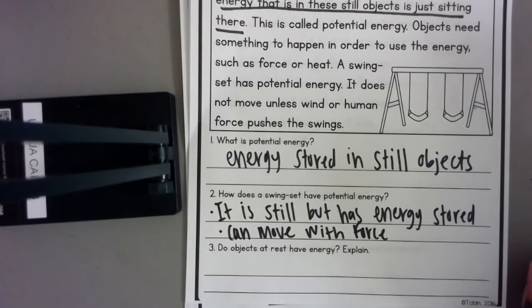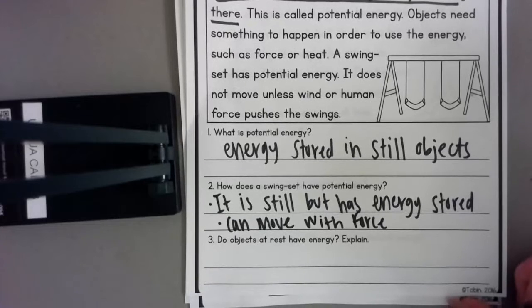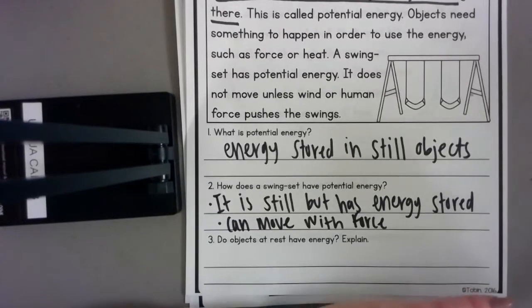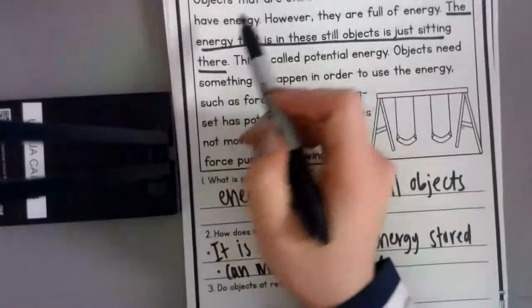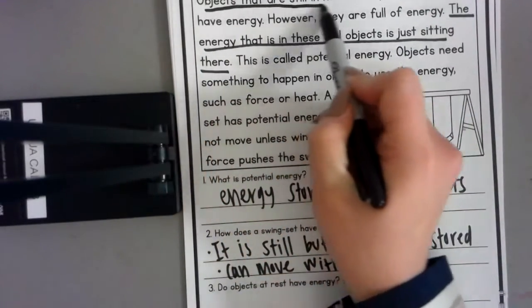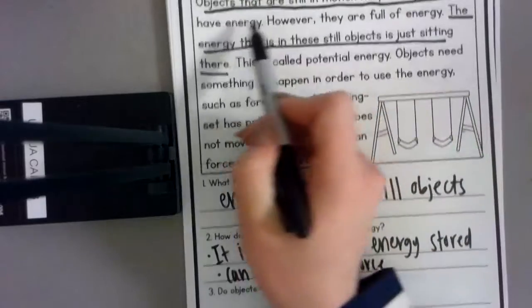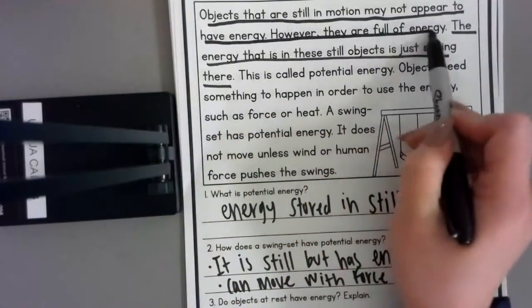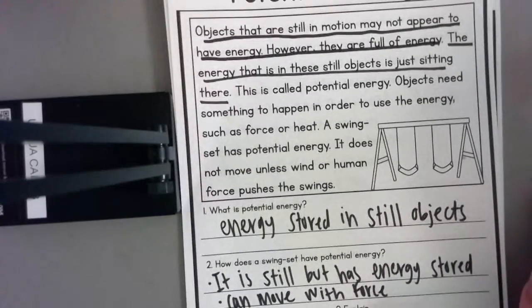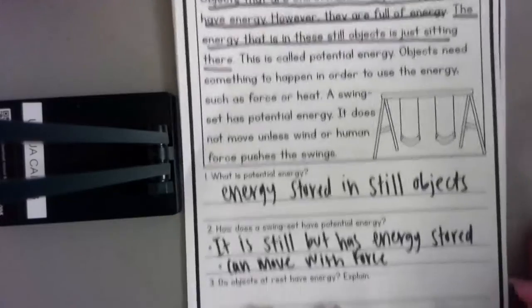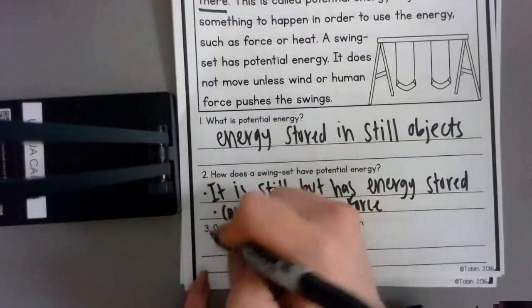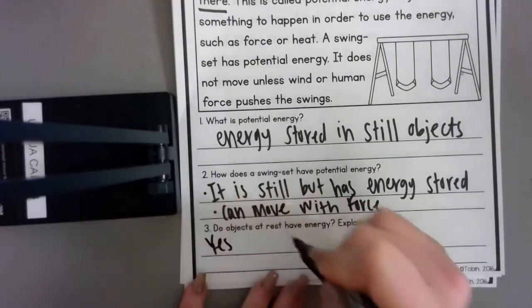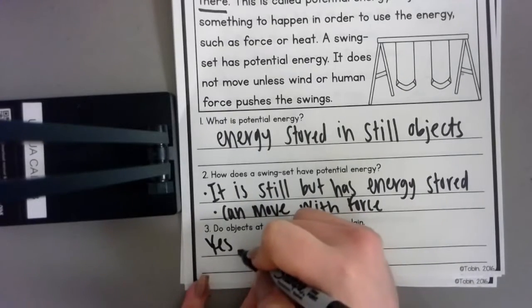Do objects at rest have energy? Explain. Up here, it says objects that are still in motion may not appear to have energy, however, they are full of energy. Yes. Objects at rest have energy.